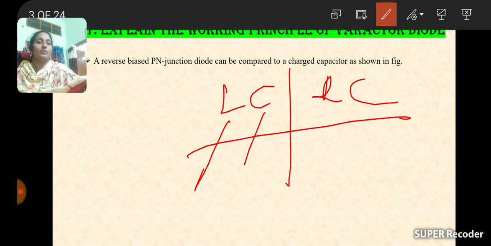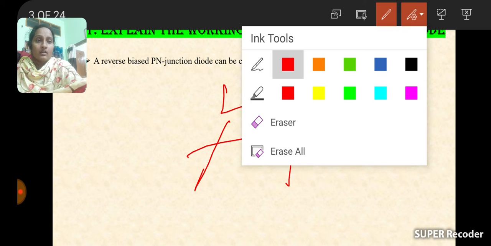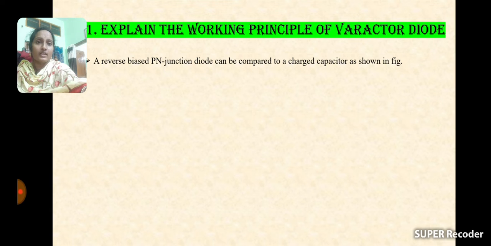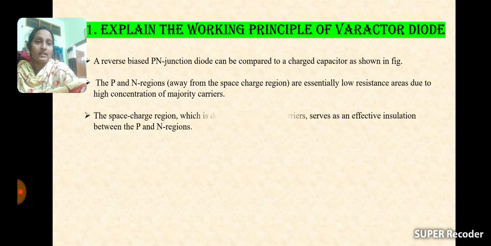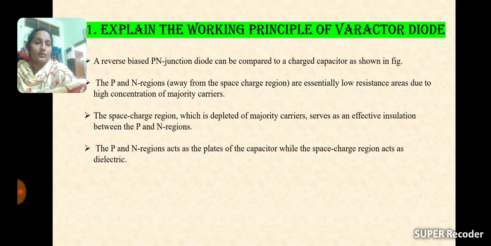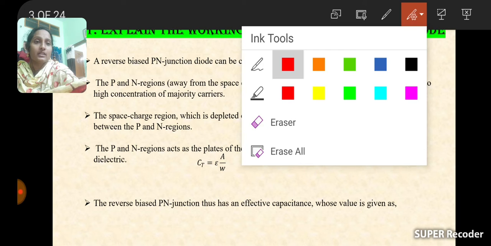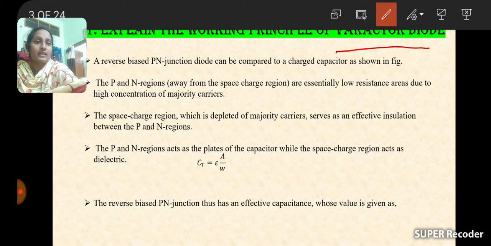So now we are going with special semiconductor devices. What is our first special semiconductor device? Varactor diode. The name itself indicates varactor diode means variable capacitor diode.